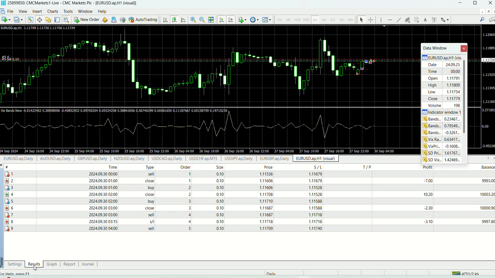So let's see what we got here. We have so far 5 trades, just 1 profitable and 3 losses, but still not bad. Too early to comment. We may get a bad result, and then there will be scope for further modifications.